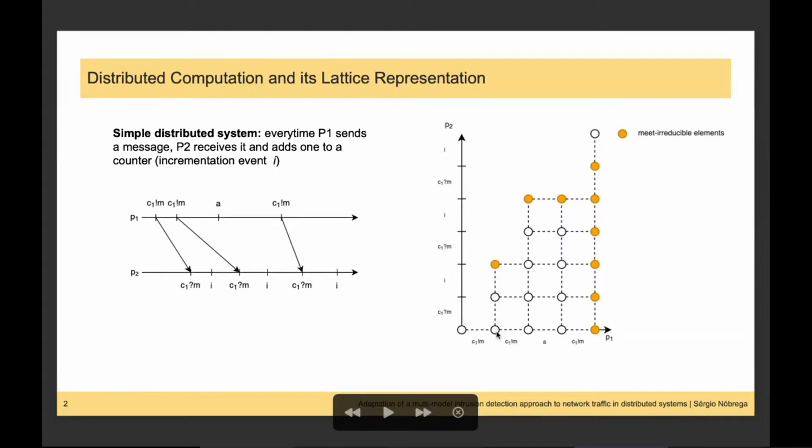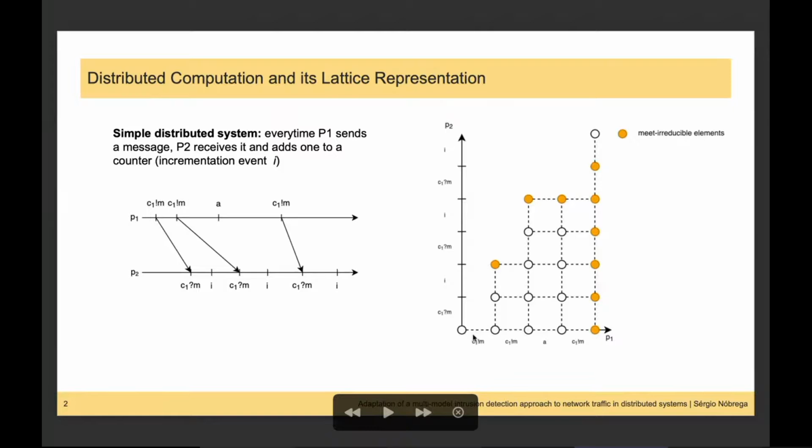So once you send the message M from P1, you have a lot more choices. You can either send another message M, which is what happens here, so you have two messages before you have the receive event.